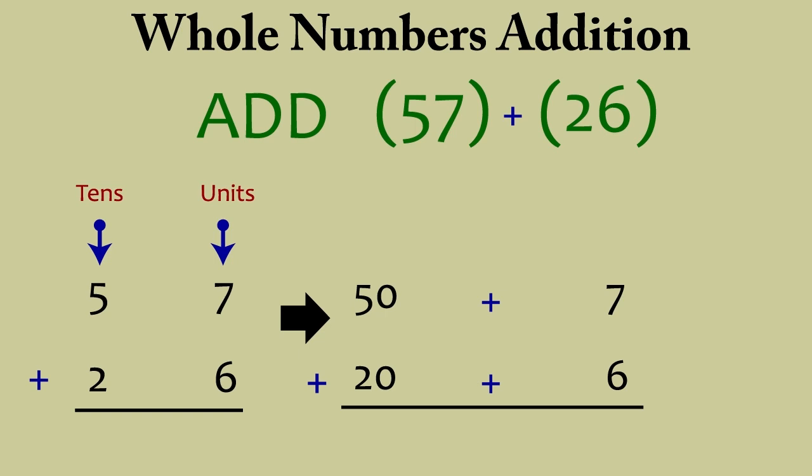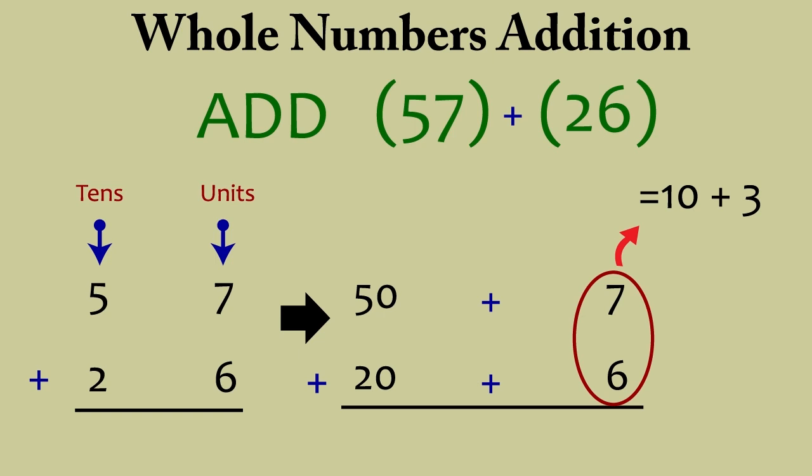Now, you can see if I add the unit values, which is 7 and 6, it becomes 13. And 13 is the sum of the tens value and the unit value, which is 10 plus 3.